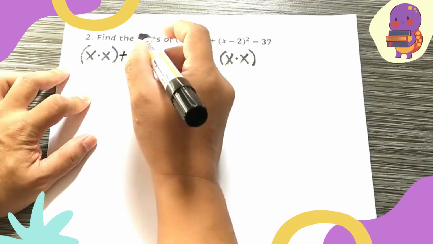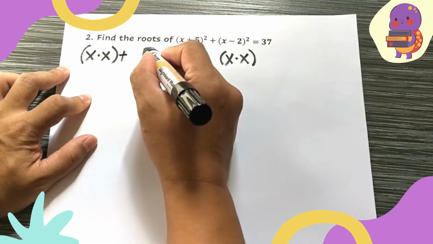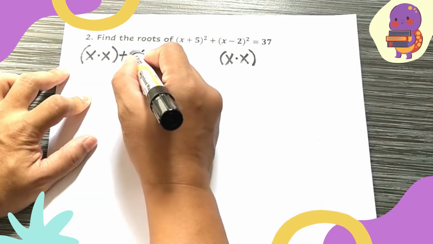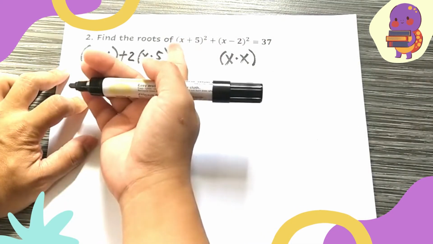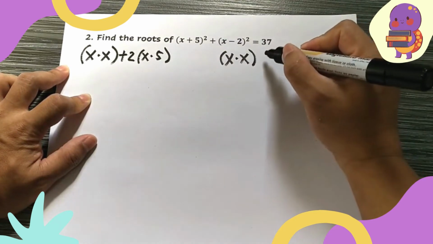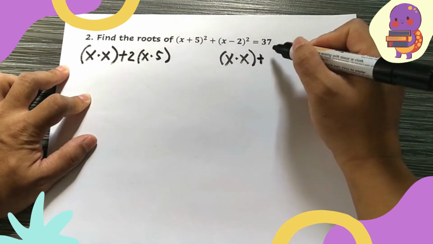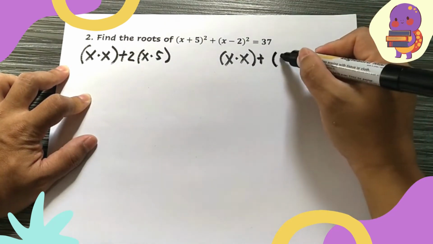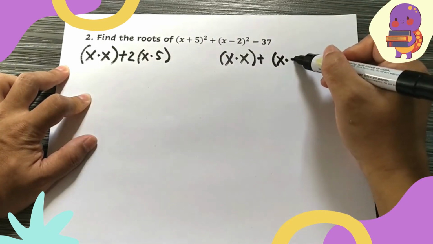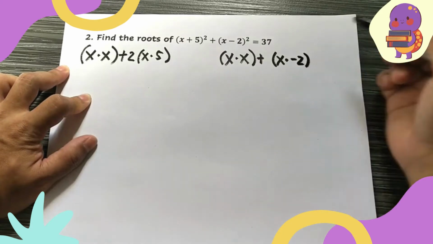Plus x times 5 times 2 para dito sa x plus 5 squared na yan. Para naman dito sa expression na ito, that is plus x times negative 2. Okay?